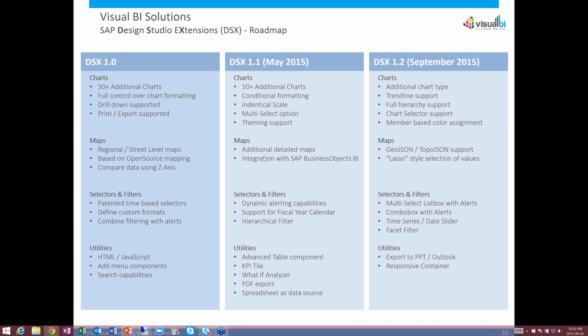The next question from Lee: if you've purchased the DSX tools, where can we download the newest version? For our existing customers, you are getting an email this week with the updated version. You should see this coming automatically during this week. Then there is the question, will you be able to support Lumira in Design Studio?